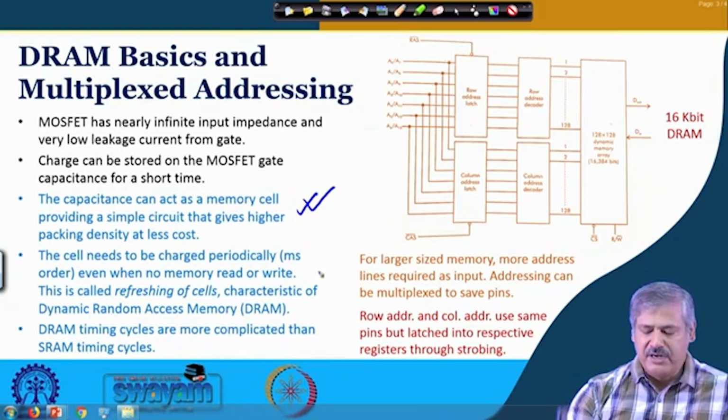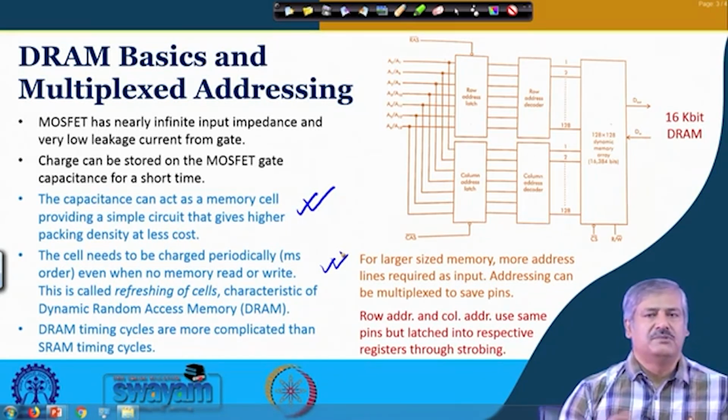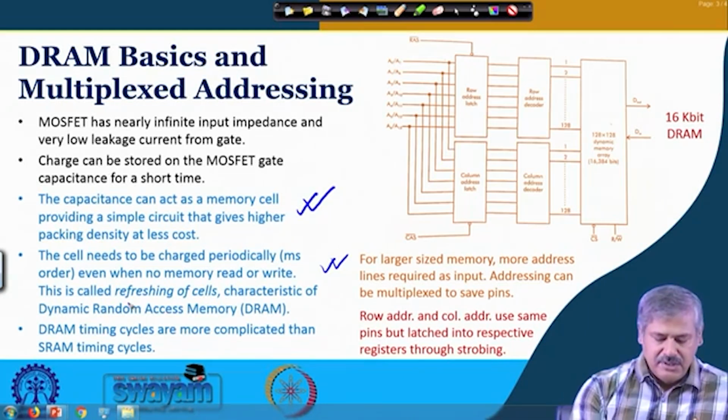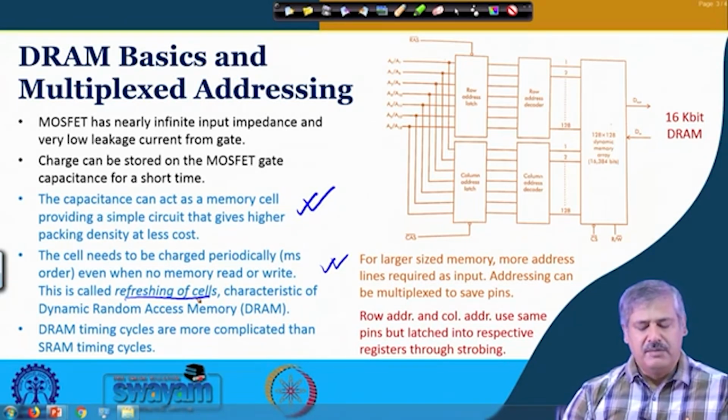So, it requires periodic refreshing, otherwise the data will not be properly understood, whether it is a 1 or a 0, because the levels will become similar. This is called refreshing of cells. Periodically, of the order of a millisecond, it needs to be refreshed, even when a memory read or write operation is not taking place, so that the previous value, whatever it is, remains stored.